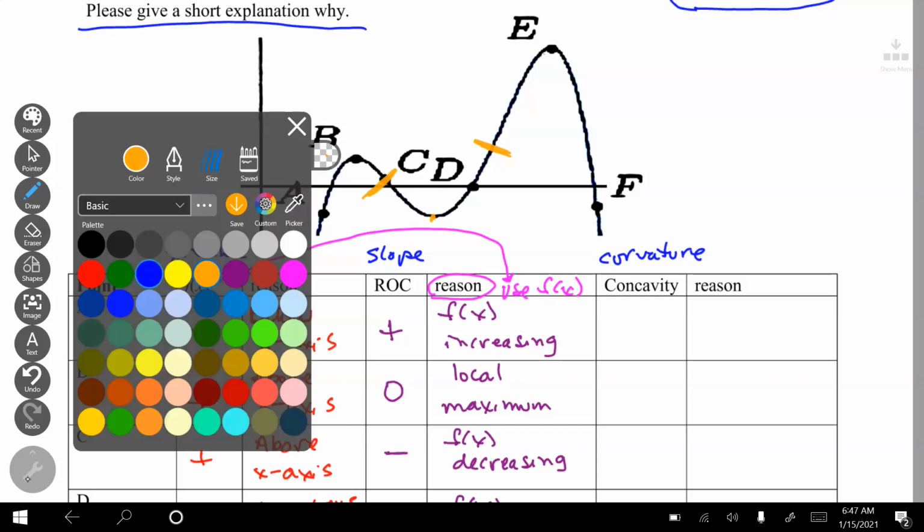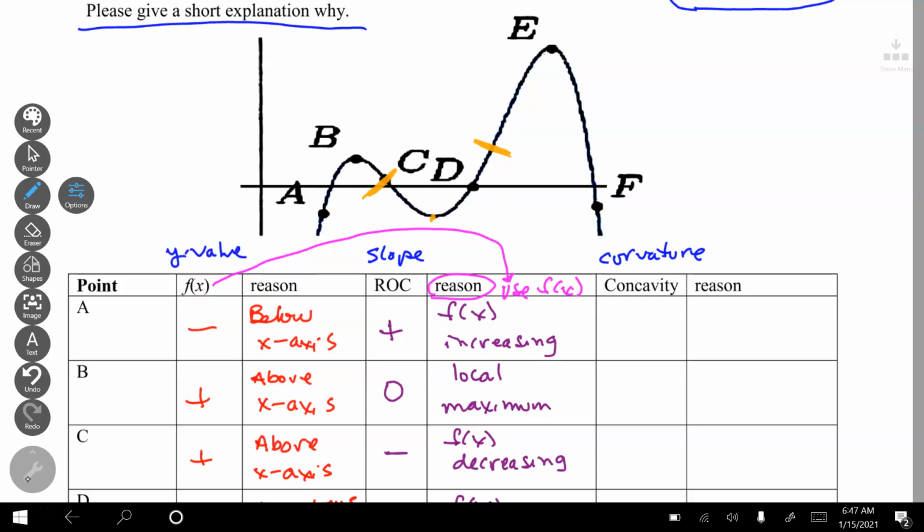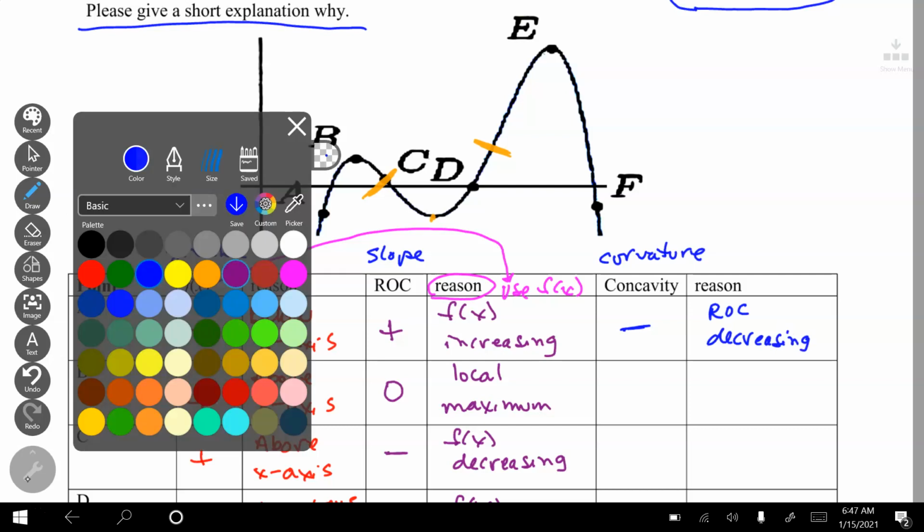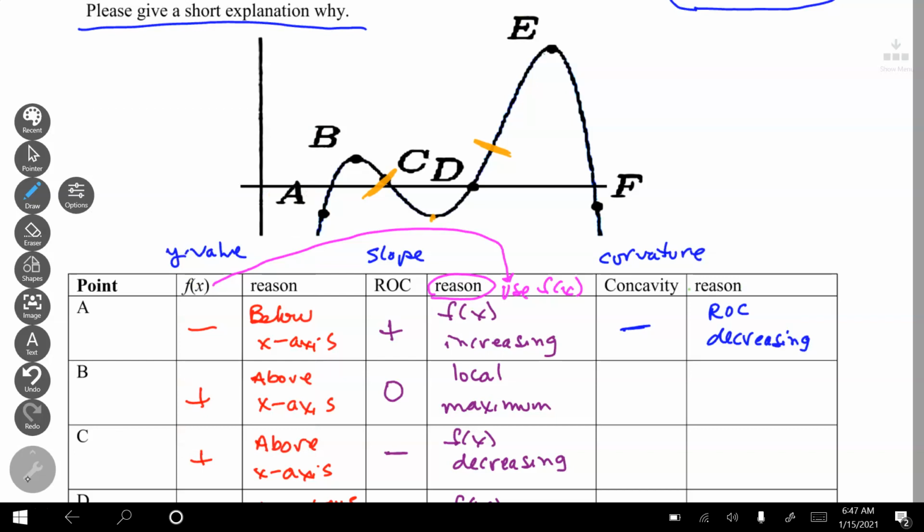So let's talk about its concavity. We use blue. So right here, at point A, you could see this is all curving down. So it has negative concavity, and the reason is because the ROC is decreasing in value. When I do a reason, it looks like I'm going to use my ROC as part of my reason here.